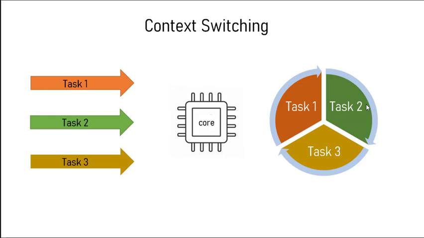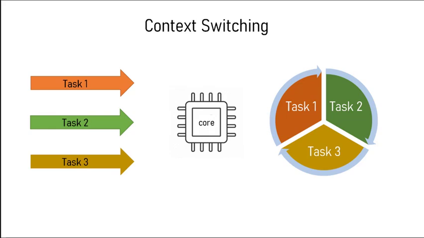Then it performs a certain amount of task 2, pauses it again and moves to task 3. It does a certain amount of task 3, and then moves on to task 1 again, and we resume it.